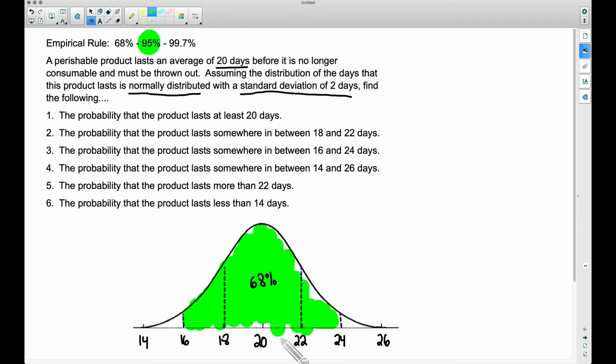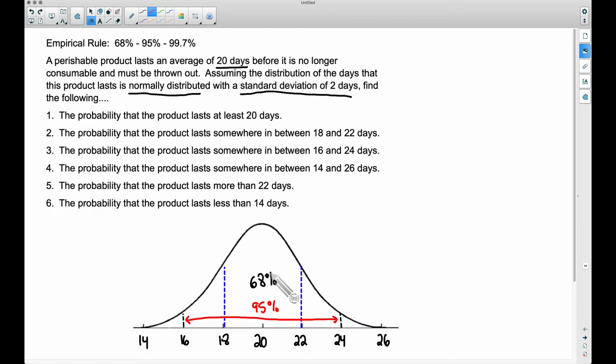This is where you talk about 2 standard deviations above and 2 standard deviations below. So there's a 95% chance that this perishable product will last somewhere between 16 days and 24 days. So this is what I'm referring to here. Somewhere in between 16 days and 24 days, there is a 95% chance that product will last somewhere in between there.